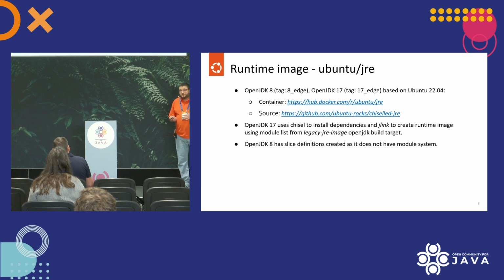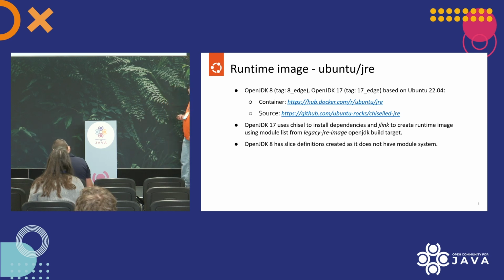So OpenJDK 17 is a modular JDK, and if we look at Eclipse Temurin, they have a separate package for JRE, which was brought back. I think it was around Java 15, maybe. I'm maybe mistaken here.